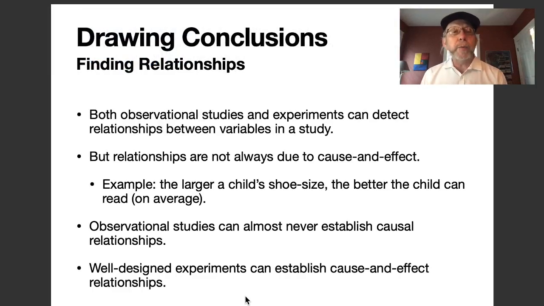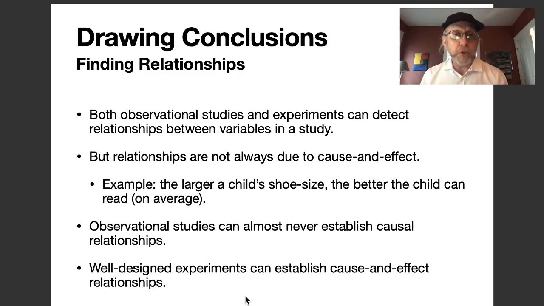How about finding relationships? Both observational studies and experiments can detect relationships between variables in a study. But relationships aren't always due to cause and effect. For instance, if I look at children's reading ability, I will find that it's correlated with children's shoe size.